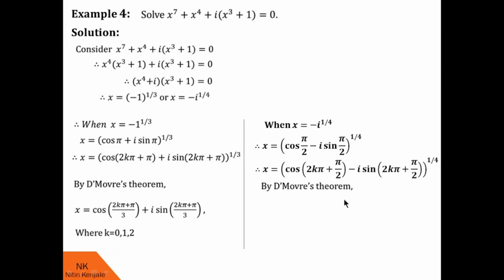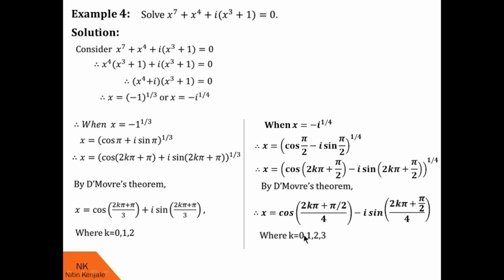Then by de Moivre's theorem, this statement can be written as cos of (2k pi plus pi by 2) by 4 minus i sin (2k pi plus pi by 2) by 4, where k takes values from 0 to n minus 1. Here n is 4. Now when we substitute these values of k over here and these values of k over here, we will get 7 distinct roots for this equation. I'm leaving that part for you guys.